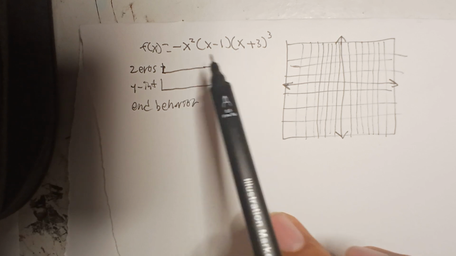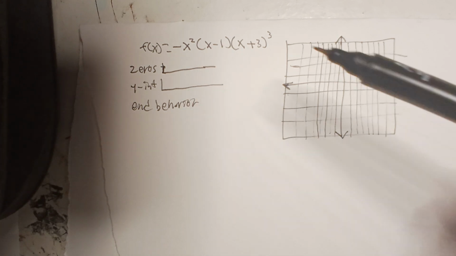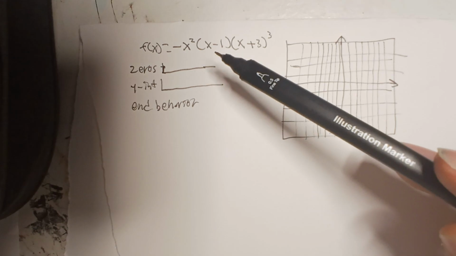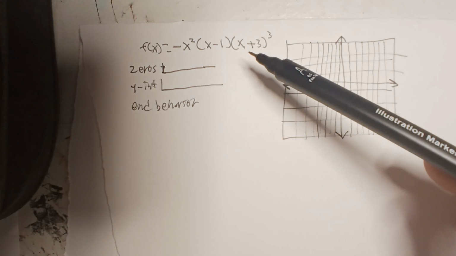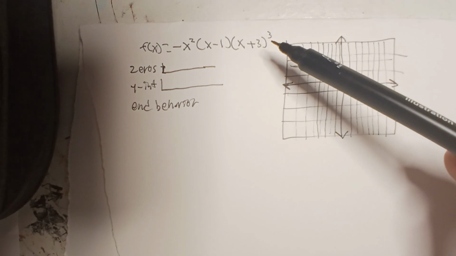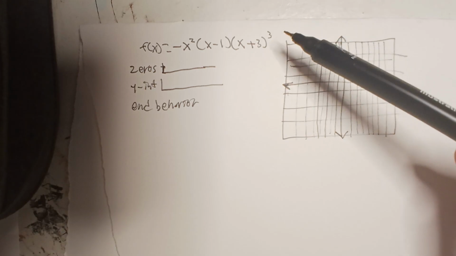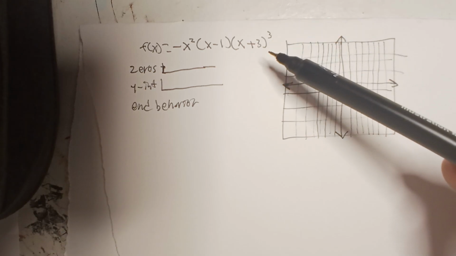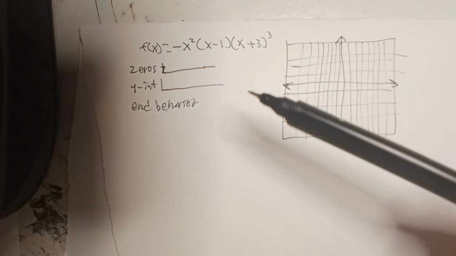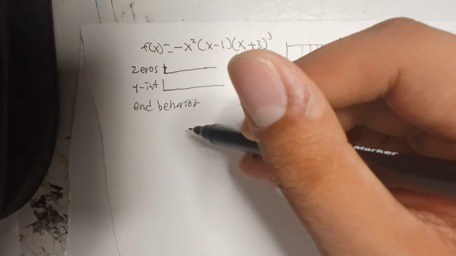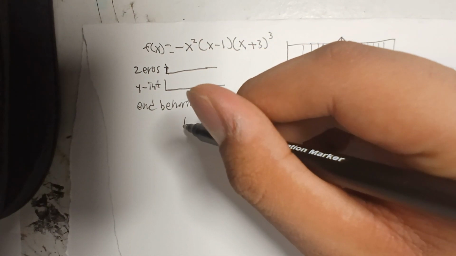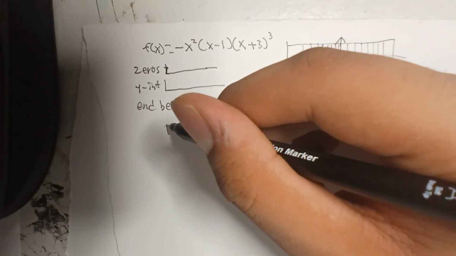If you took away everything but the variables, it would become negative x squared times x cubed, and that would equal negative x to the 6th power, meaning that there are 6 powers in the total thing.